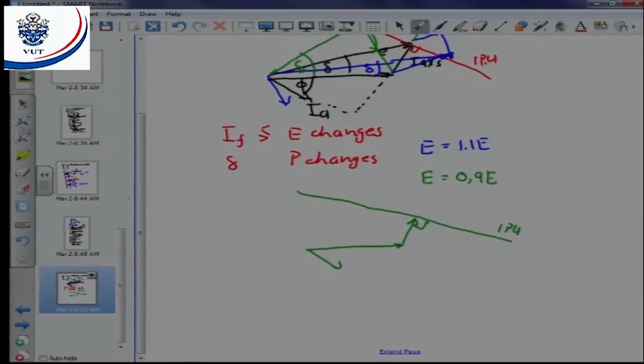Let's say we increase it by 10%, then that will be our new power, 1.1 per unit. Now E will follow that route until it reaches that point there on 1.1 per unit, and therefore that will be our new load angle, and the current will have become leading.